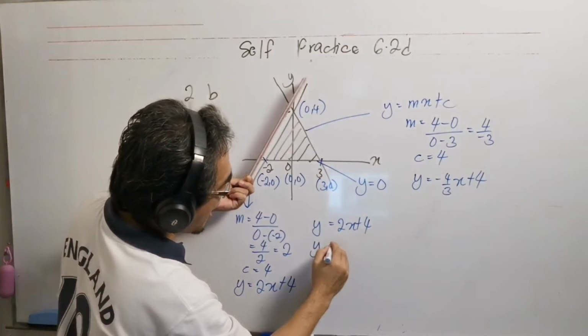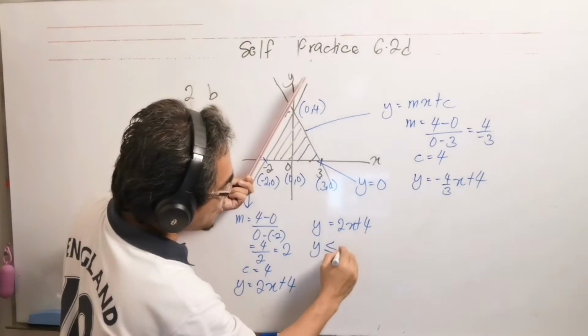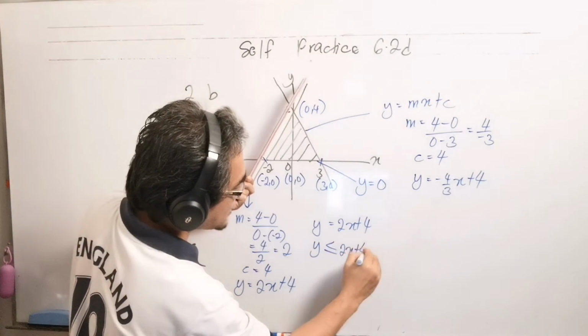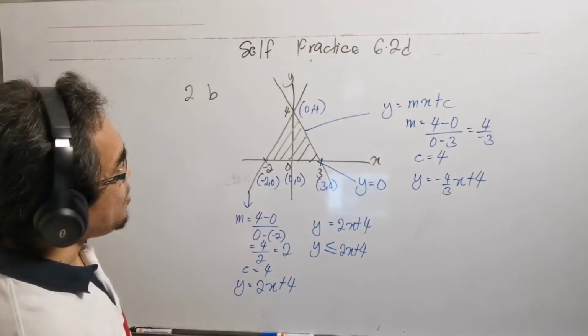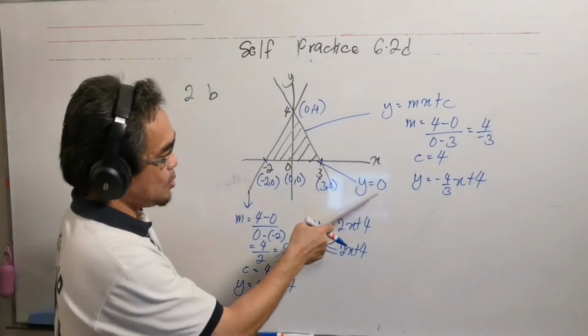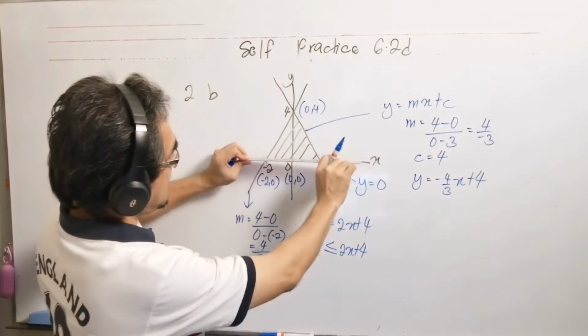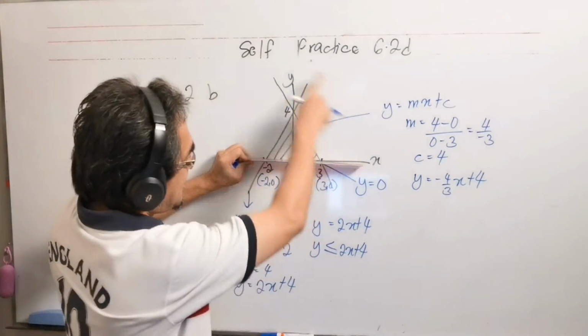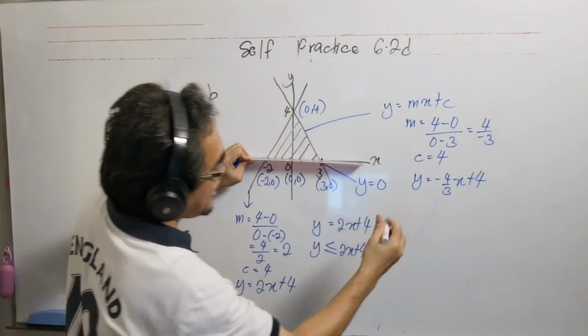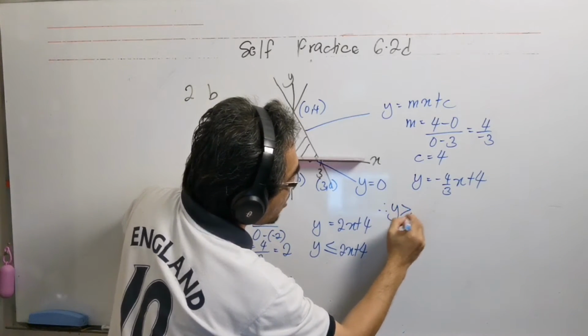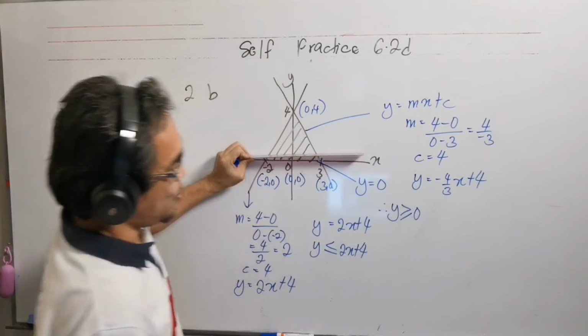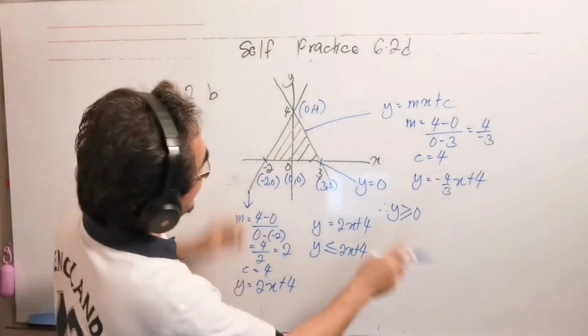So we say y less than or equal to 2x plus 4. The second one, y equals 0. The shaded part is the upper one. So therefore, y will be more than or equal to 0. The third line is this one.